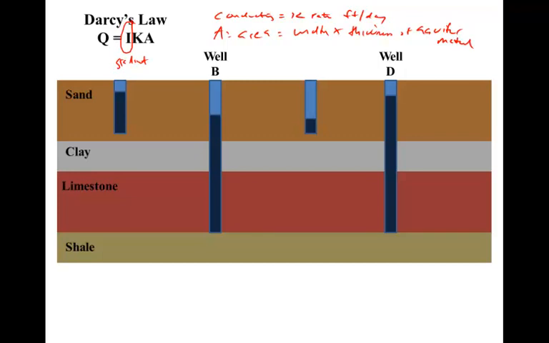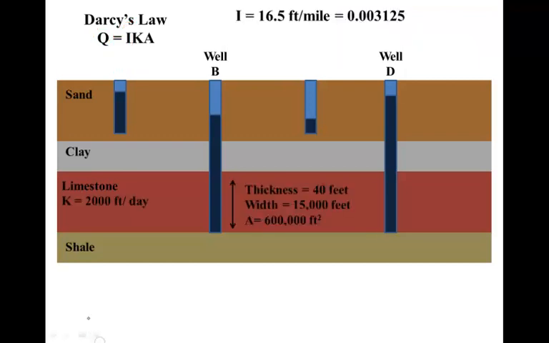Let's use Darcy's law to calculate discharge Q, the volume of water that could be yielded by the lower confined aquifer. We already found our hydraulic gradient. We did that on the previous slide.